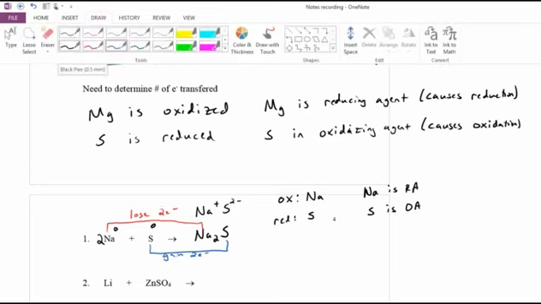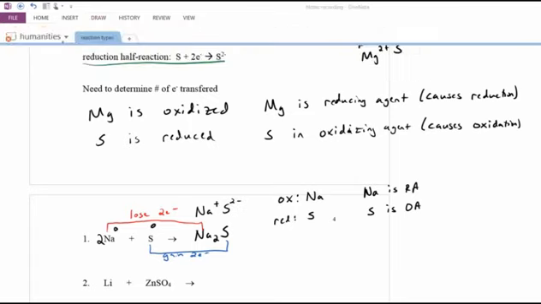So let's look at this next one. We have a lithium by itself. So it is 0 for an oxidation number. Zinc in compound with sulfate has a 2+, and the sulfate ion is 2-. On our product side, we're going to get zinc by itself, which means it now has an oxidation of 0.